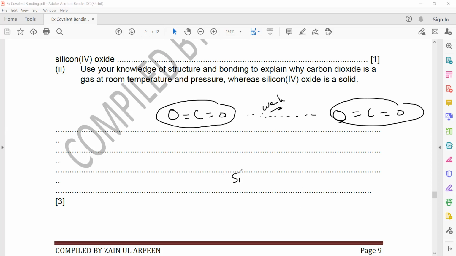But in silicon 4 oxide, this is one molecule and this is another molecule. How are they connected with each other? They are connected by a covalent bond. That's why I use the term that between the atoms there is a covalent bond. You can write that between the molecules there is a covalent bond. You will also get the marks for that.